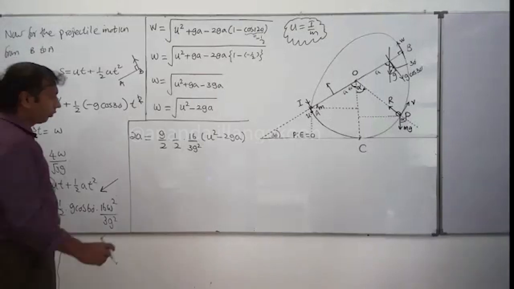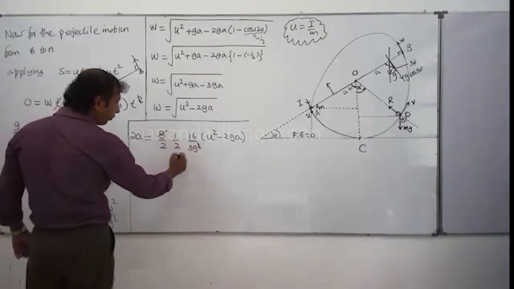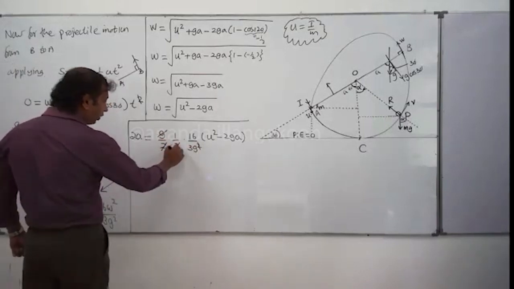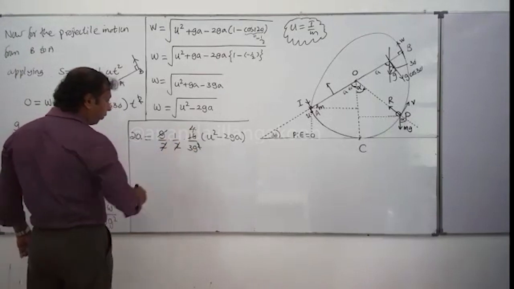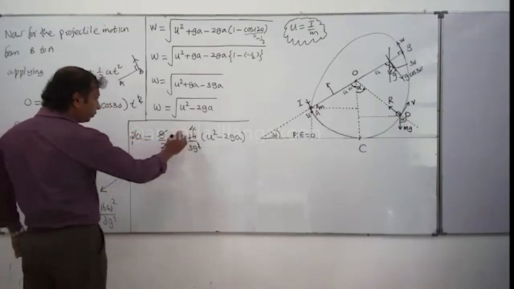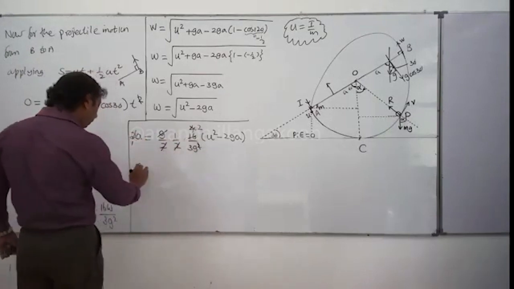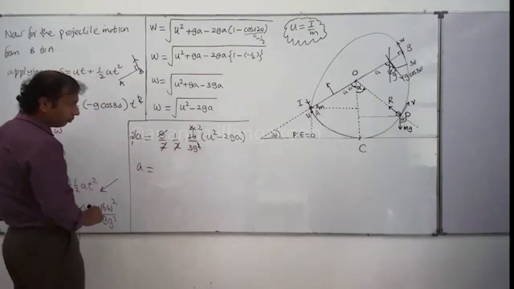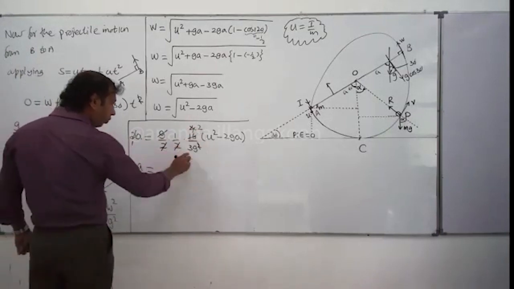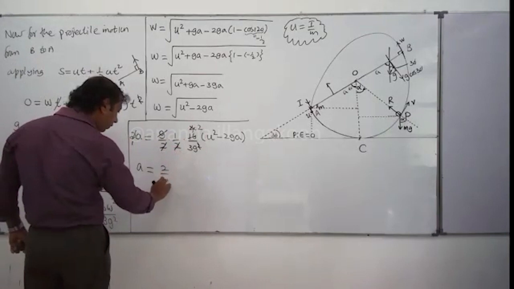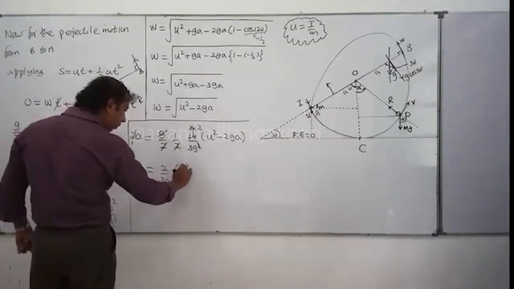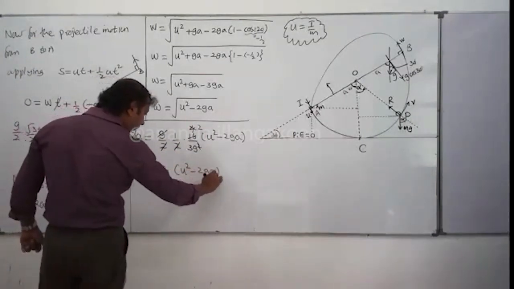So one g here you can cancel down. This 2 and 2 make 4. We can cancel this 2 and this 4 down. Here we have a, and here we have 2 over 3g, times u squared minus 2ga.